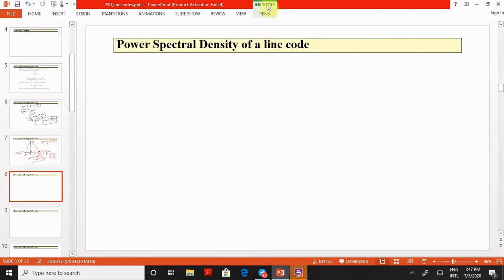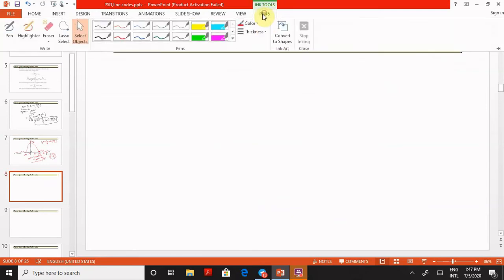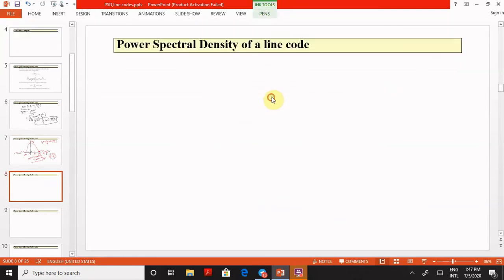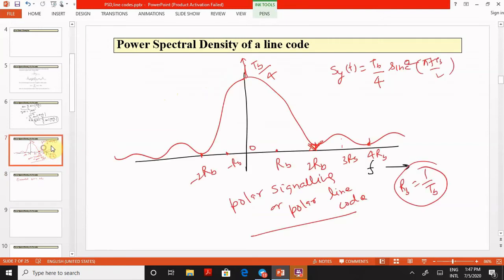Now with this graphical representation, what we can conclude is that the essential bandwidth can be written as 2 times Rb. As you can see in this figure, this portion will be the bandwidth.